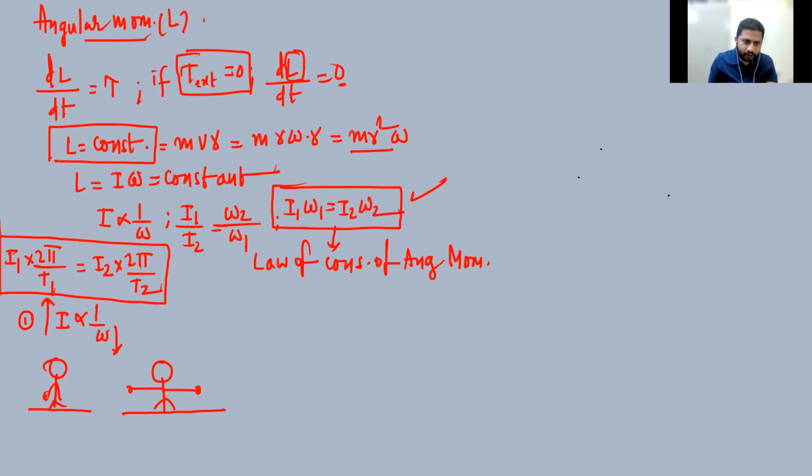Here is one person rotating about this axis of rotation, and another person rotating about this axis of rotation. So the question is, who can rotate faster?